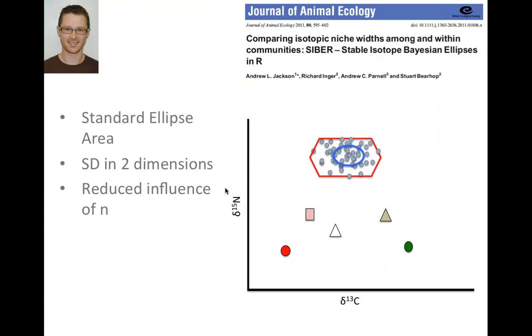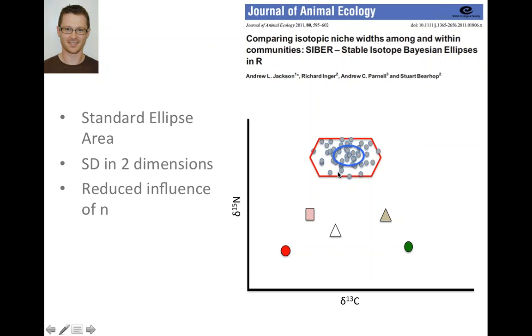So the story shifted a little bit later. Four years later, this paper came out from an Irish guy, again with the same people who developed the SIBER model. They came up with a different idea to measure it using a standard ellipse.